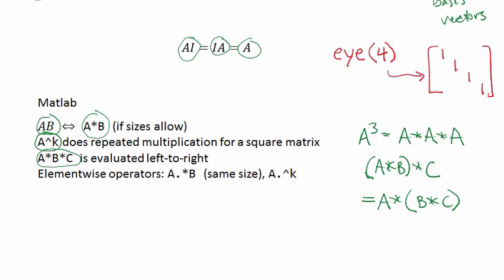And then finally, I want to alert you to one other kind of multiplication that's available in MATLAB. It's the element-wise operation. So you use a dot star for multiplication or a dot caret for exponentiation. And what that means is to do things element by element. So it's easiest just to see this by an example.